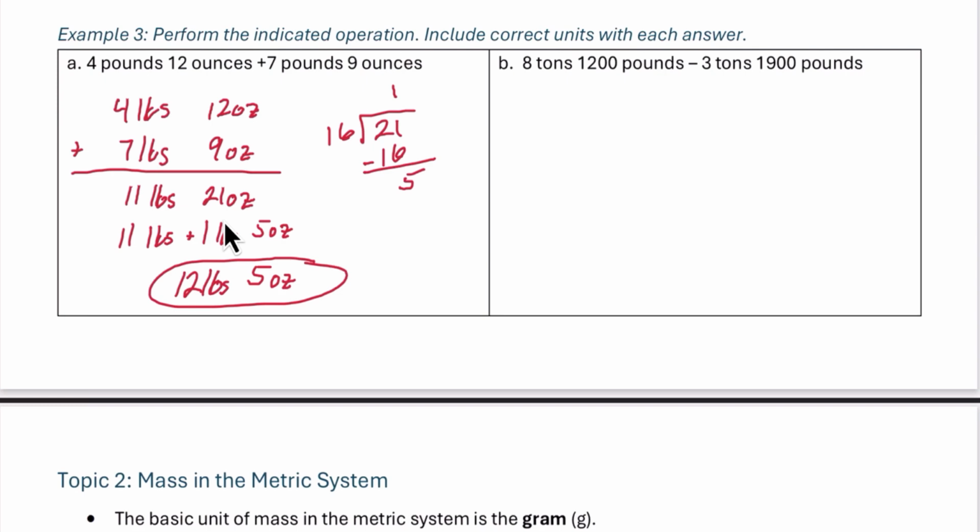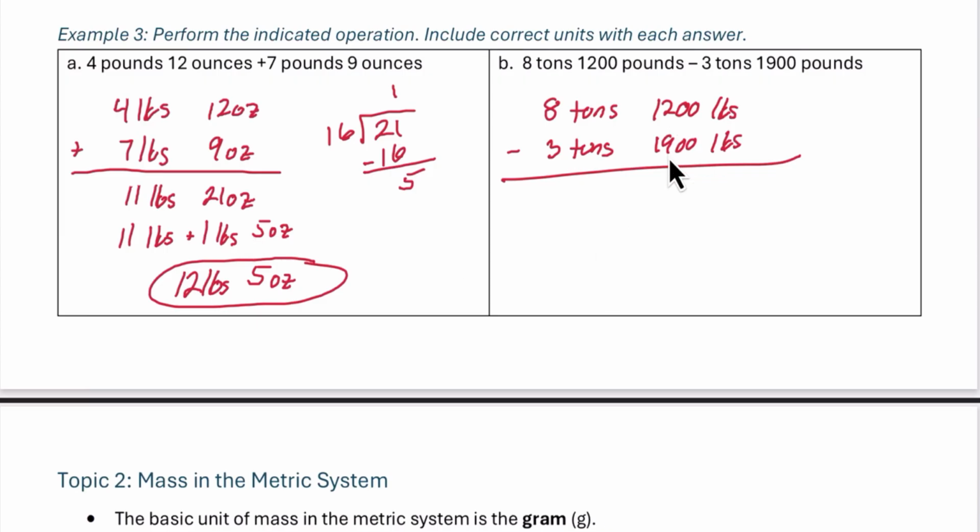In part B, we have 8 tons, 1,200 pounds, minus 3 tons, 1,900 pounds.